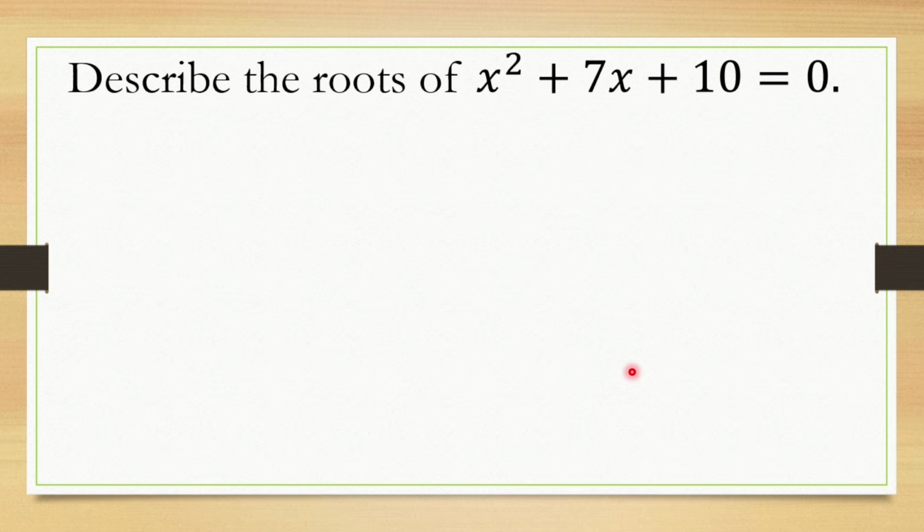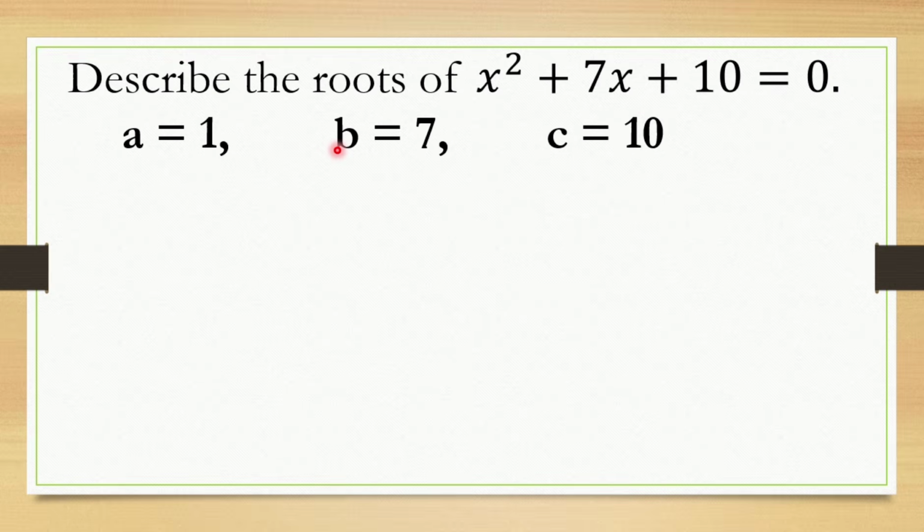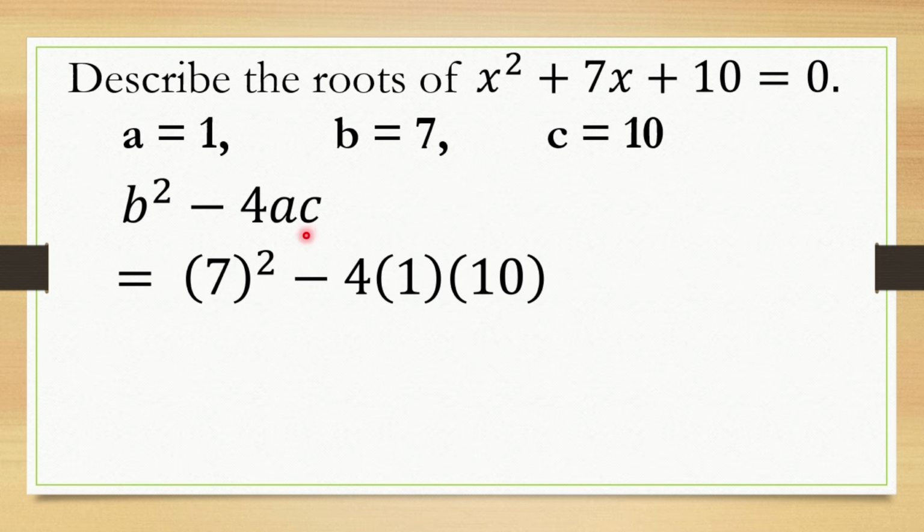Next. Describe the roots of x squared plus 7x plus 10 is equal to 0. So, let us substitute the values: a is equal to 1, b is equal to 7, and c is equal to 10. Okay? So, b squared minus 4ac. Ilalagay natin lahat ng values ng a, b, c. So, we will have ang b natin ay 7.